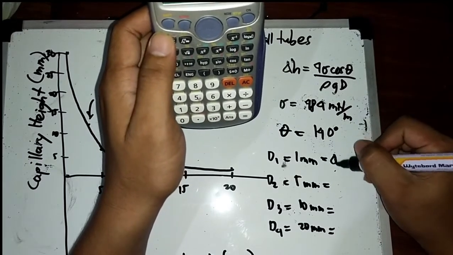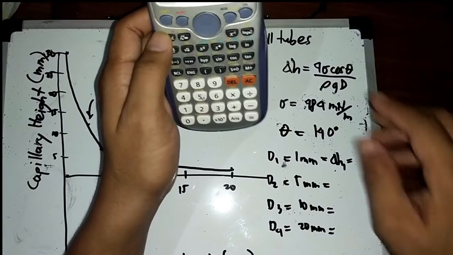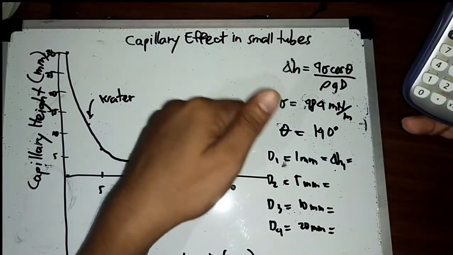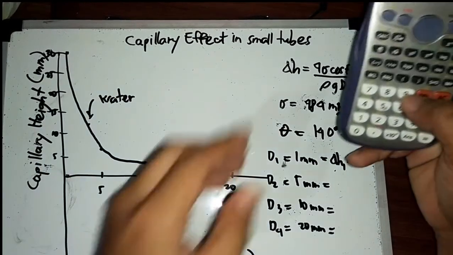Okay, so for the elevation, we substitute 4 times the sigma, 484.